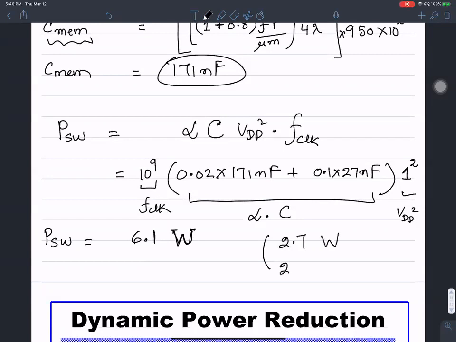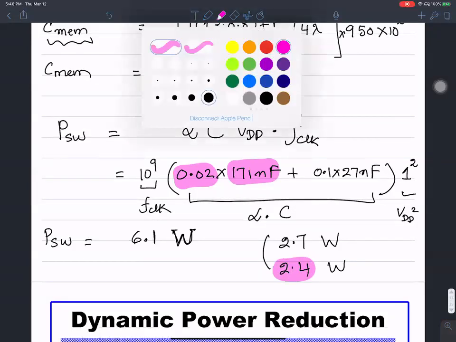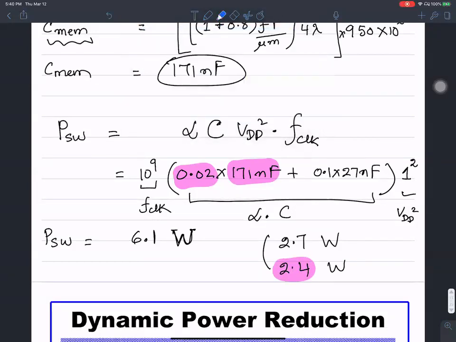When I did the math, the individual components were around 2.7 watts and 2.4 watts. So the idea was a large capacitance coming from the memory, switching at a lower frequency, consumes almost the same amount of power as a small amount of logic circuits switching very often.